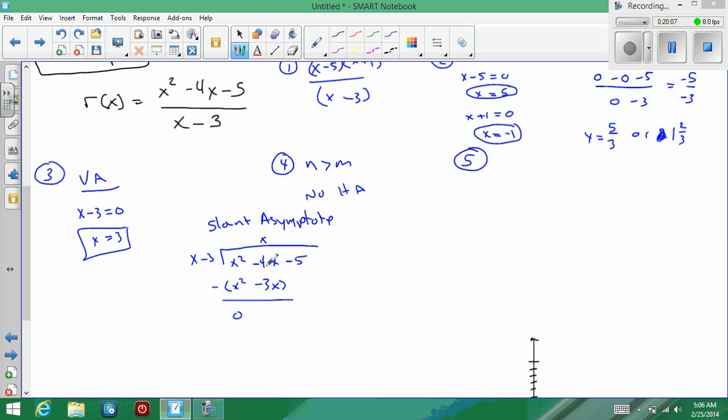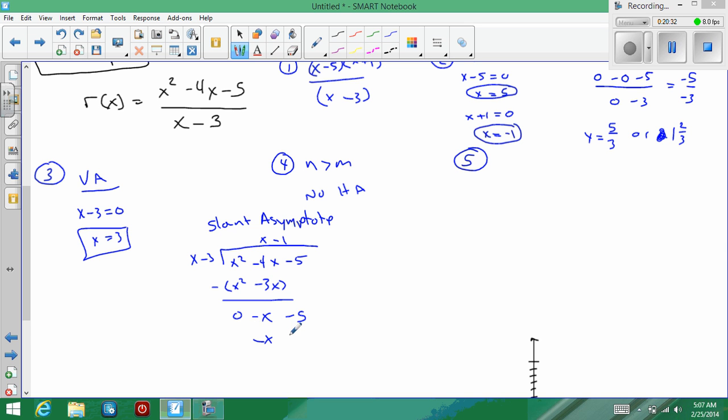That gives us 0. Negative 4x minus a negative 3x is adding the 3x to negative 4x to get negative x. Bring down the negative 5. Negative x goes into x negative one time. So I need a negative 1 up here to get negative x.